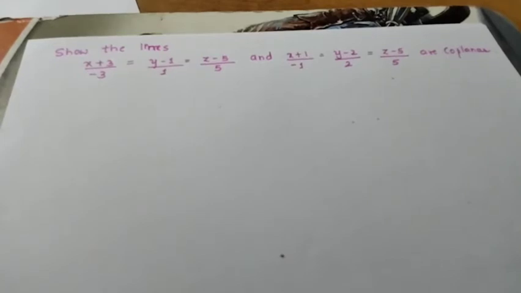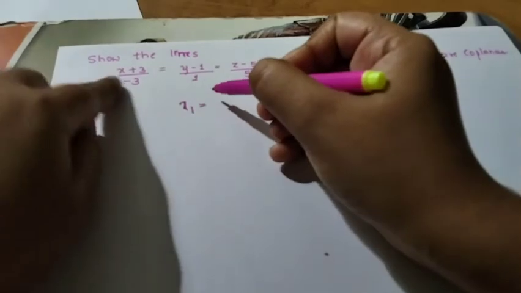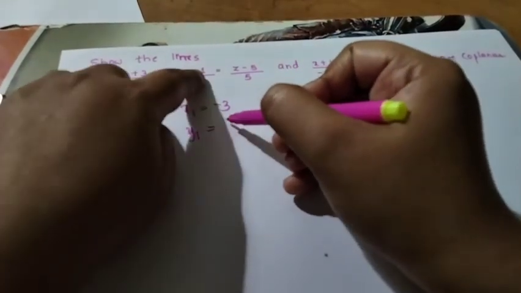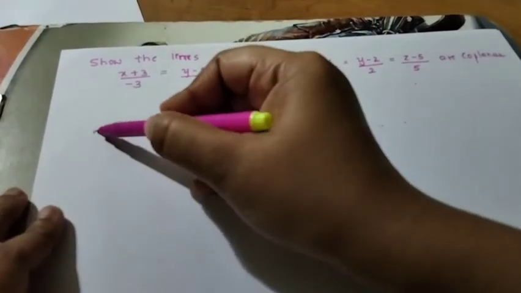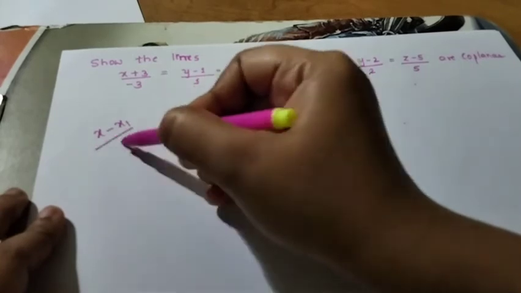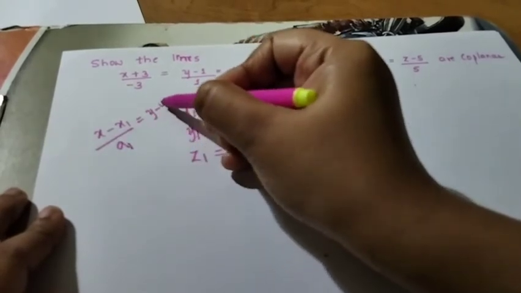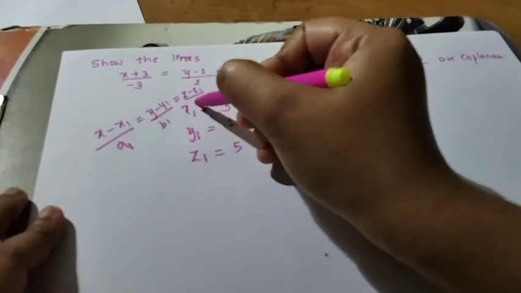Coplanar. The standard equation is x minus x1 divided by a, y minus y1 divided by b, z minus z1 divided by c. So I write the values of x1. x1 will be equal to minus 3, y1 is equal to 1, z1 is equal to 5, because it is in this form: x minus x1 divided by a1, y minus y1 divided by b1 is equal to z minus z1 divided by c1.